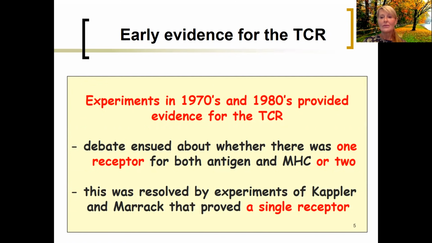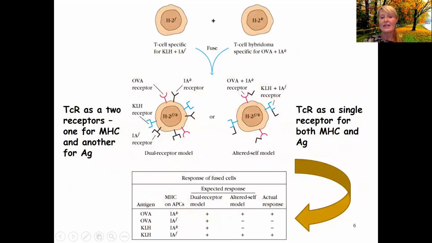And that's why we get in the lab and we do the experiments. We look at the data. These experiments were done by two well-known immunologists, immunogeneticists actually, Kappler and Marrack. And they proved that indeed it's a single receptor.